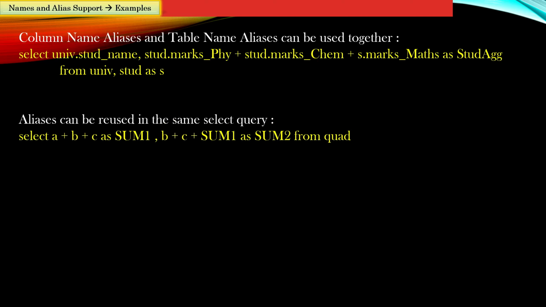And let's see a few more examples. You can see in this example, we have a table university, but the select query user has not defined an alias name for the table university. But for the table student, he has defined an alias name S. Now, in order to express the select query, the user can either use the full name of the table prefixed to the table column name, as you can see here in the example, or the user can use the table column name prefixed by the alias.